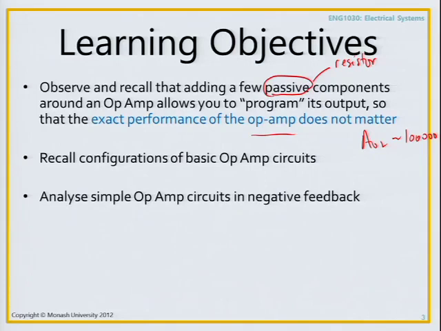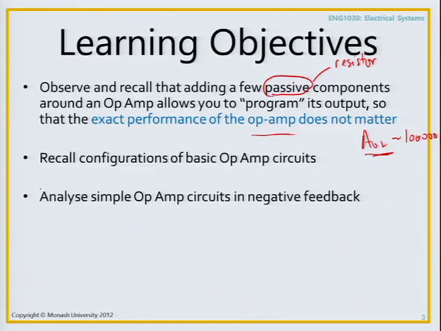So it's not really good to build a circuit using unreliable components. What negative feedback allows us to do is to use these op amps in such a way that we don't really need this AOL to be a perfect number. We just need it to be big. Okay, that's the key takeaway message.